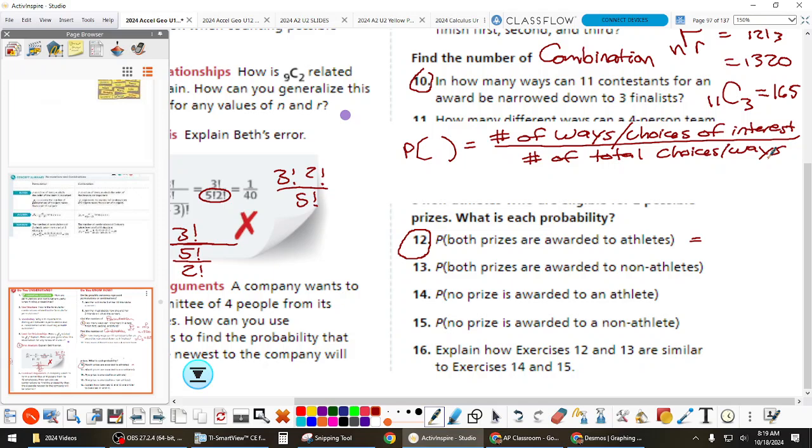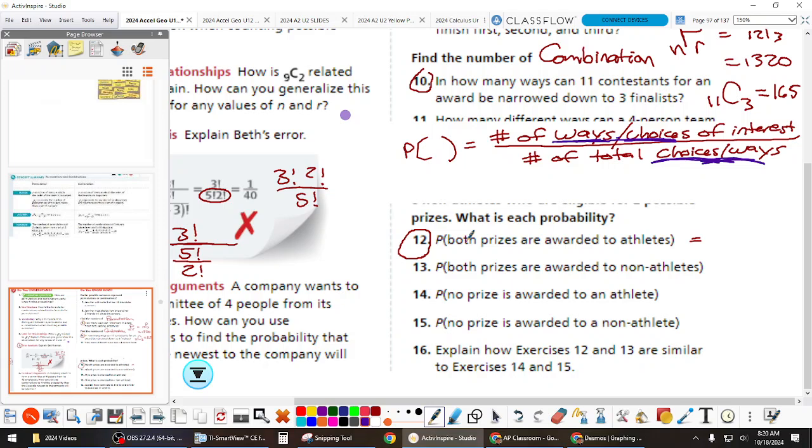They're both prizes, or okay. Yeah, I read it wrong. Okay, and yesterday I emphasized these words. Okay? So it's not just total people or total available options, it's total ways that we can pick, right? Total ways we can pick. So for this, we're giving only 2 awards to 2 people out of 14. So how would you describe the denominator again?